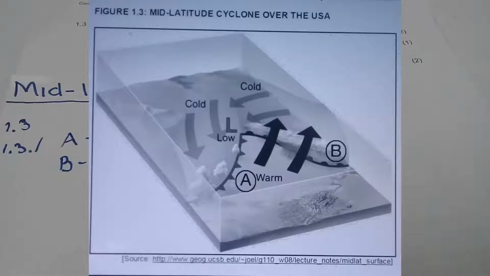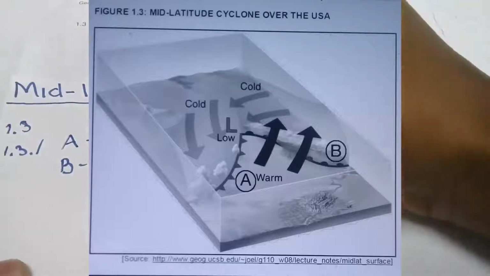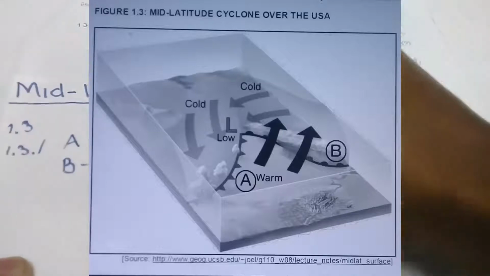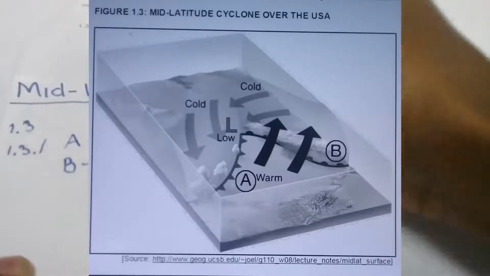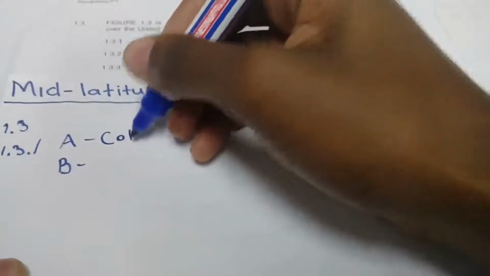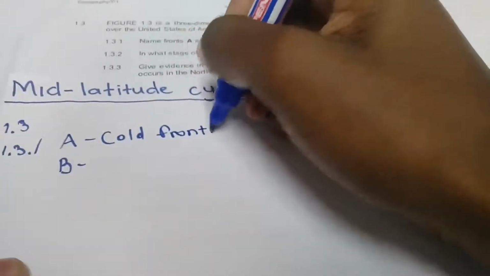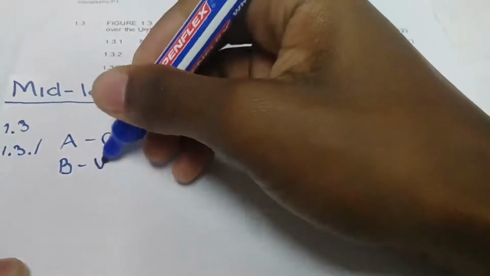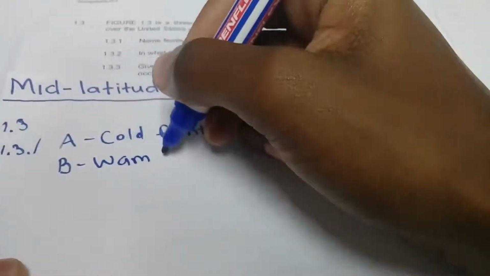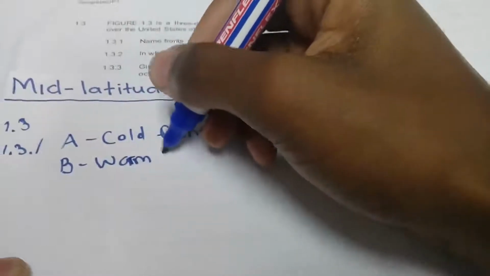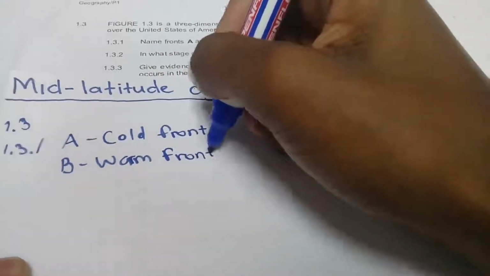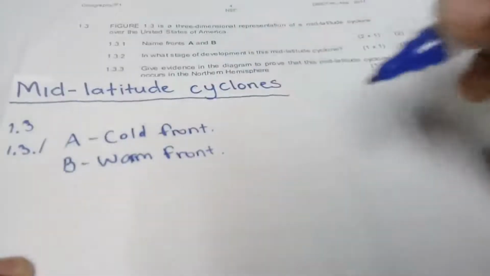So front A is a cold front and front B is the warm front. So be careful when answering these questions, guys. It's a cold front. Front B is a warm front.